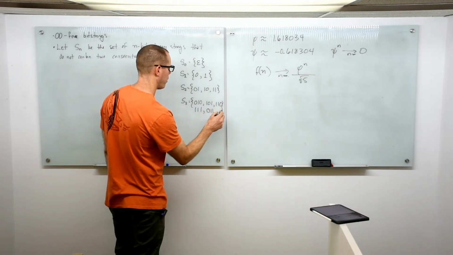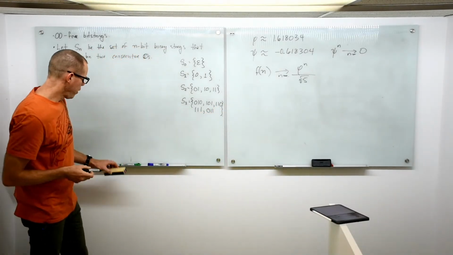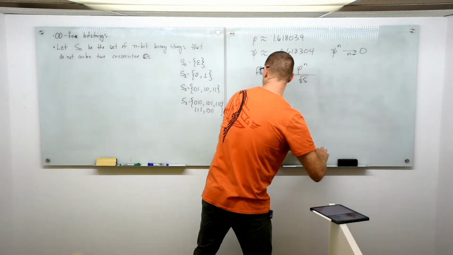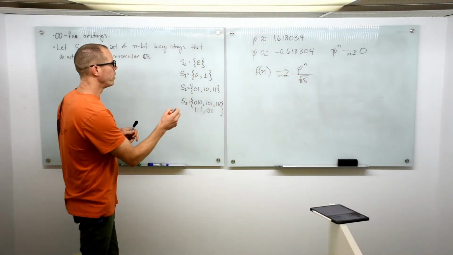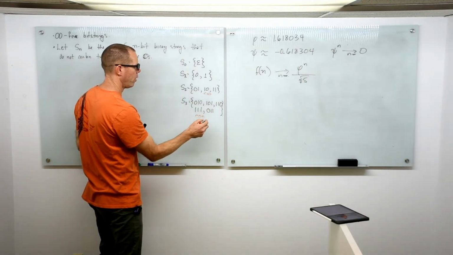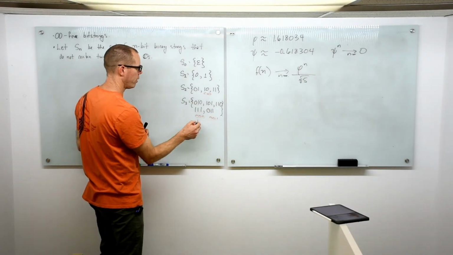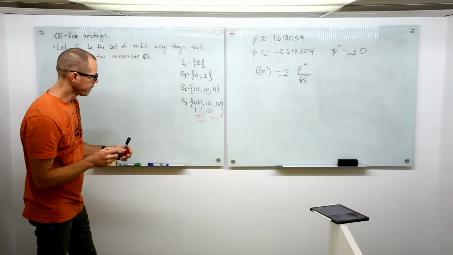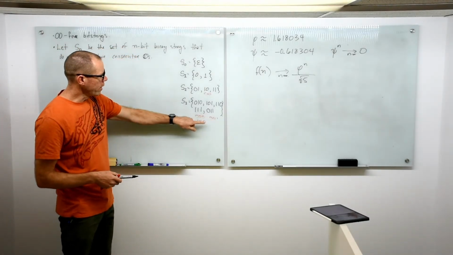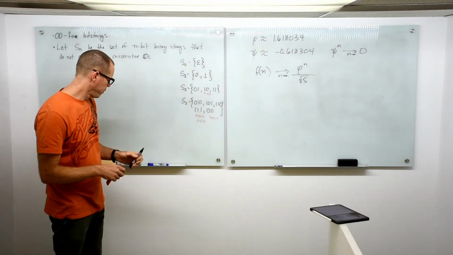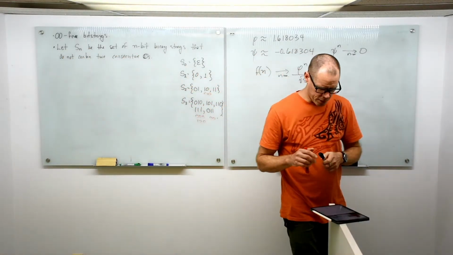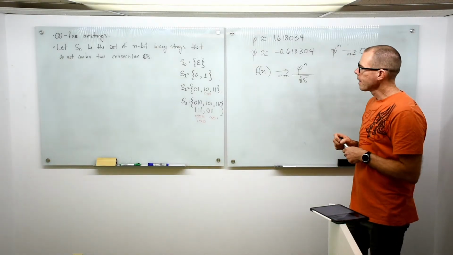Okay? So things that are not in that set: in S2, we don't have 00. In S3, we don't have 000, we don't have 001, and we don't have 100. Because all of these strings have two zeros in a row in them. So that's the set that we're going to study.